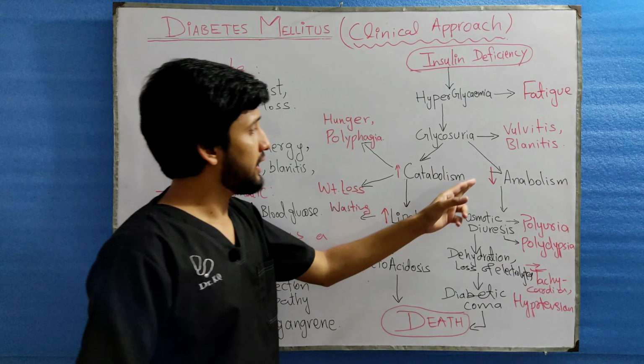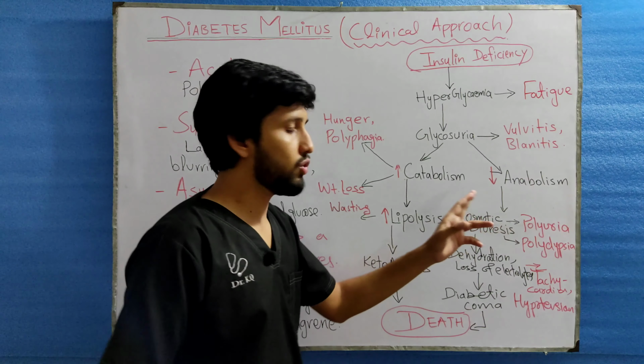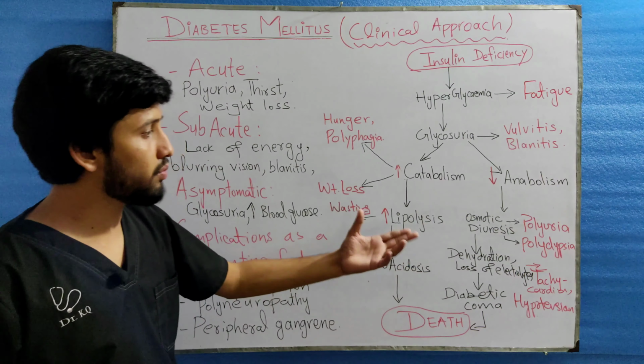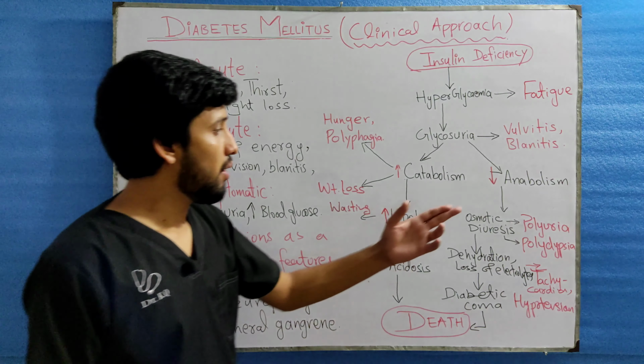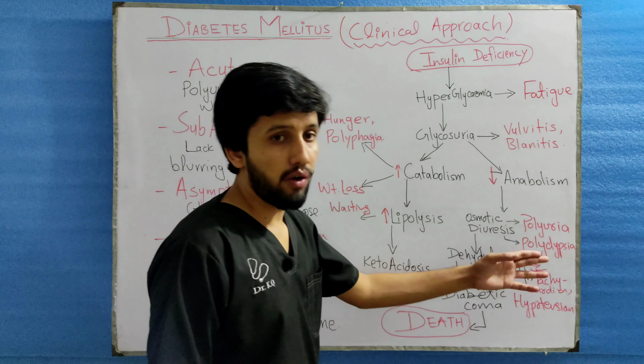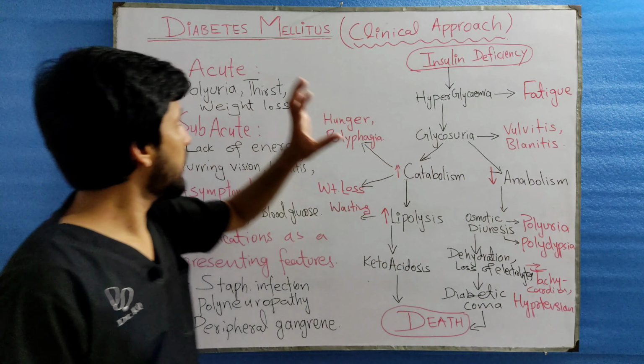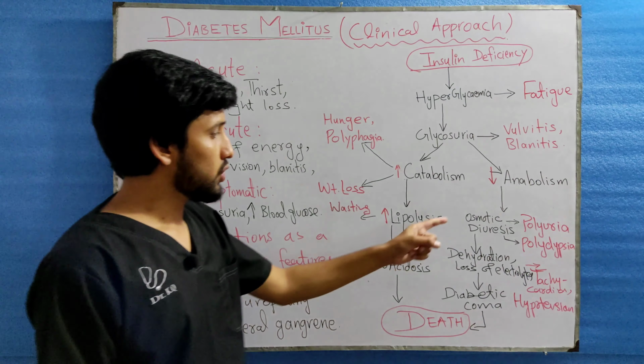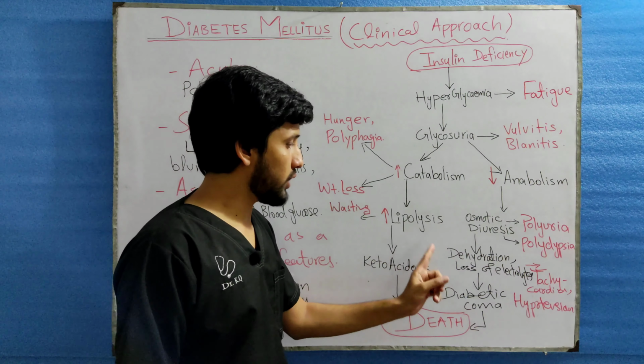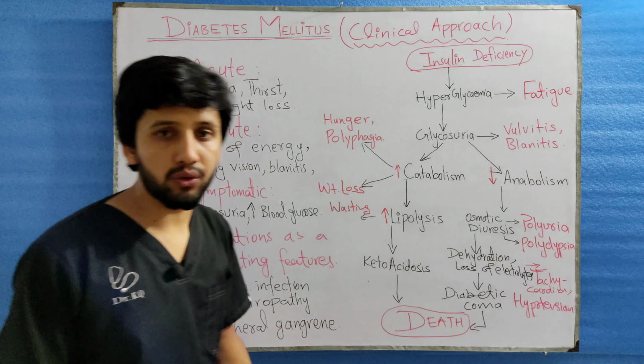When there is decreased anabolism, this will lead to osmotic diuresis. Osmotic diuresis involves polyuria and polydipsia, which are the presenting features of the diabetic patient. This osmotic diuresis will lead to dehydration and loss of electrolytes.